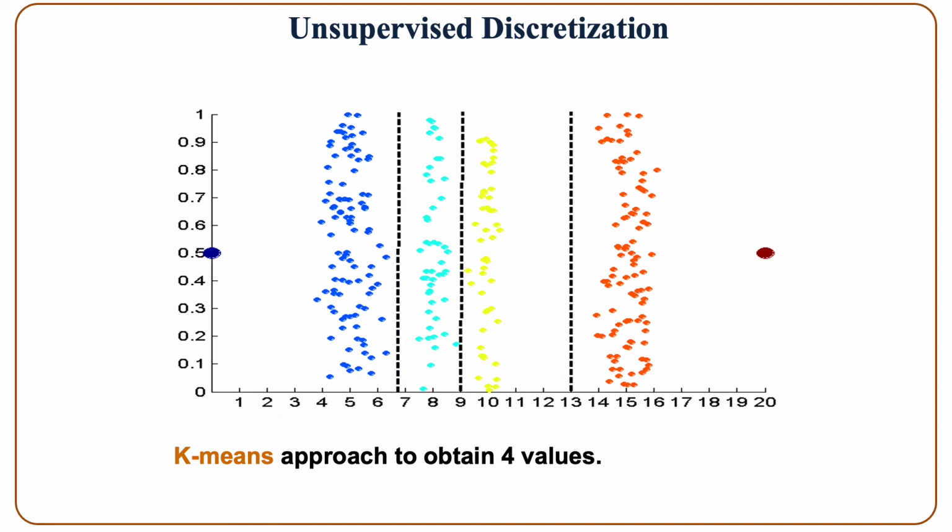We could also use the k-means clustering approach. With this, we have the sum of the distances between the points to each centroid as minimal. And here we still have four groups.